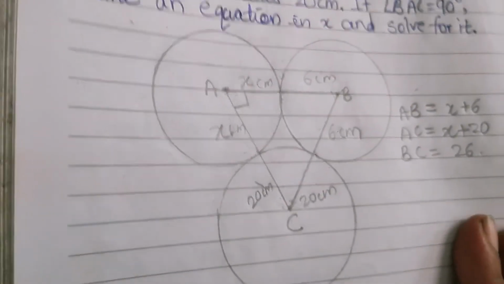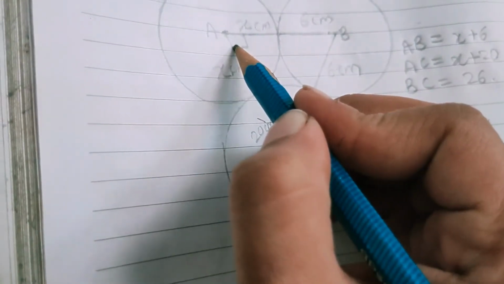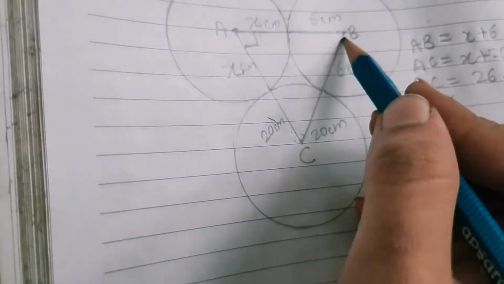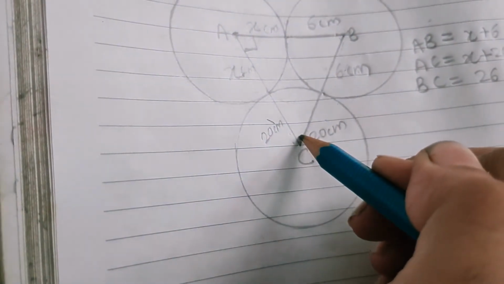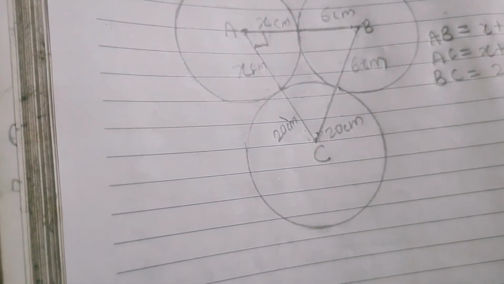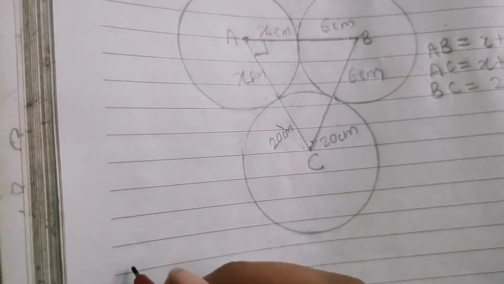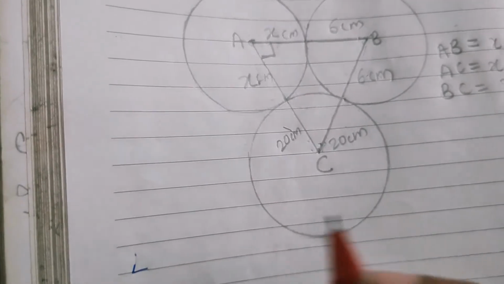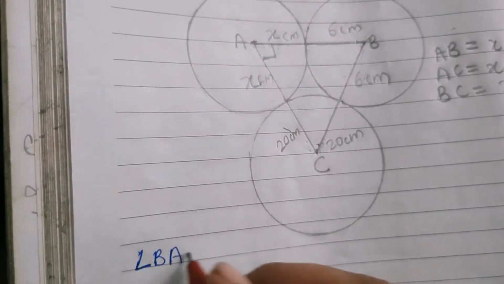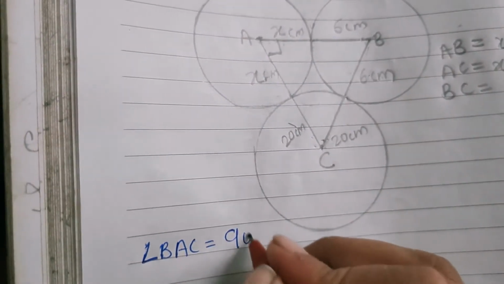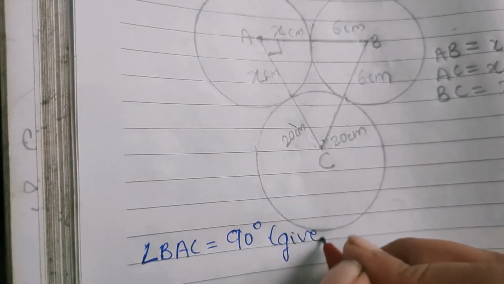Now here this is given as 90 degree. So according to Pythagoras theorem, hypotenuse BC square is equal to AB square plus AC square. So now we will form an equation and solve for x. So let's write angle BAC, this is given, right?